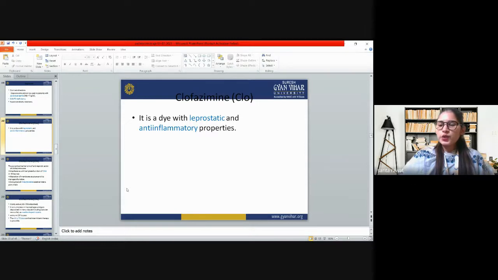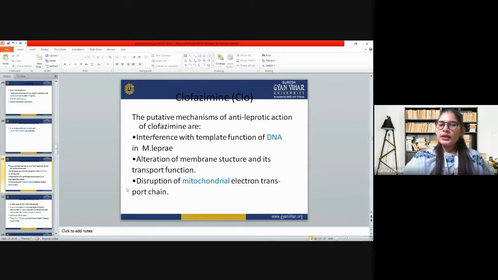Now the next drug we have is clofazimine. Clofazimine is also known as CLO, and it is a dye with leprostatic and anti-inflammatory properties.